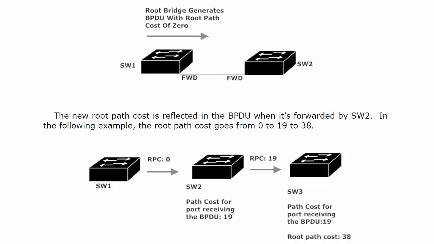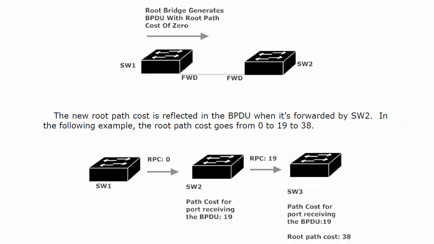Now, that new root path cost is going to be reflected in the BPDU as it is forwarded, because switch 2 gets that BPDU, and I added this third switch. So switch 1 is connected to switch 2, switch 2 is connected to switch 3, and switch 3 and switch 1 are not connected in this lab. In that example, the root path cost goes from 0 to 19 to 38.